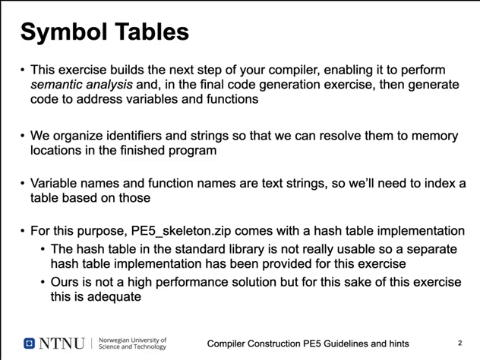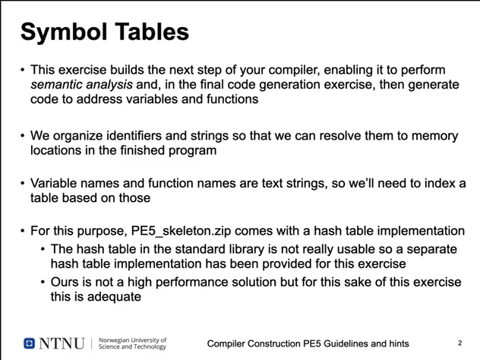Essentially, for building small programs like we do with VSL, we wouldn't really need a hash table, but a more simple solution would suffice. But real compilers very often use hash tables, and that's why we included a hash table implementation in the new skeleton files, PE5 skeleton.zip. We did this because we're programming in C, and as we mentioned, C is not ideal for some programming tasks, especially when it comes to more complex data structures like trees, graphs, lists, or in this case, hash tables.